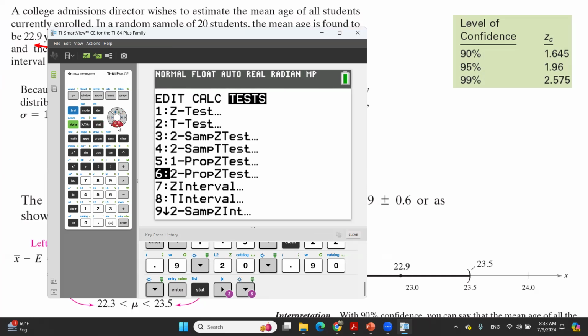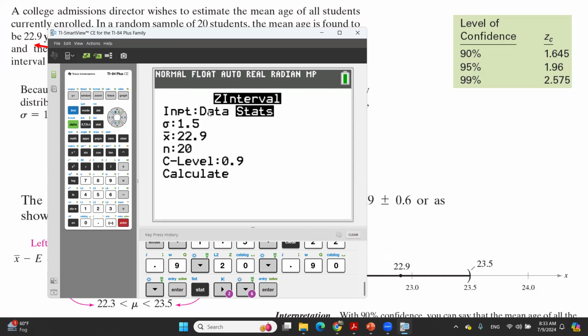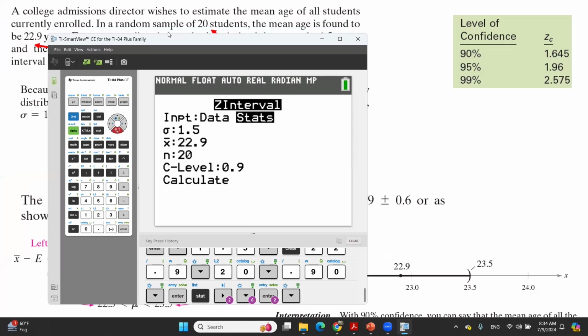So you go to Z interval, hit Enter. You don't have the actual data, so you're going to select statistics. If you enter the data into your table, like column L1, L2, L3, then you can use data. But for now, since we have the actual statistics, we're going to hit stats. And then sigma is given to us in the question.